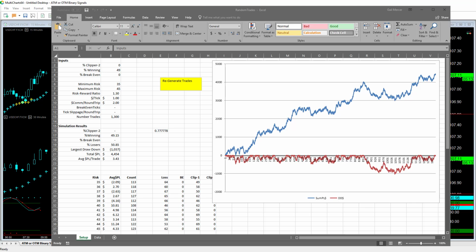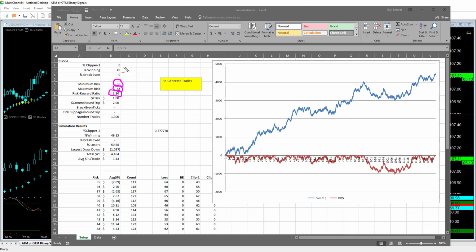Okay, this is the Excel spreadsheet, and for you to understand it, I want to go over a couple of things first. One, I'm using an average risk to reward ratio of 1.3, and the minimum risk is 35. That represents an out of the money, and 45 would be slightly out of the money, like 1 to 2 ticks out of the money.